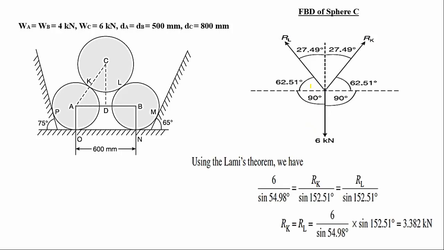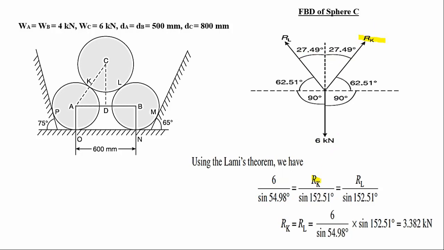We take 6 kilonewton divided by sine of the angle between the other two forces, RL and RK. So this total angle has to be taken. If you add up 27.49 plus 27.49, it will be 54.98 degrees.